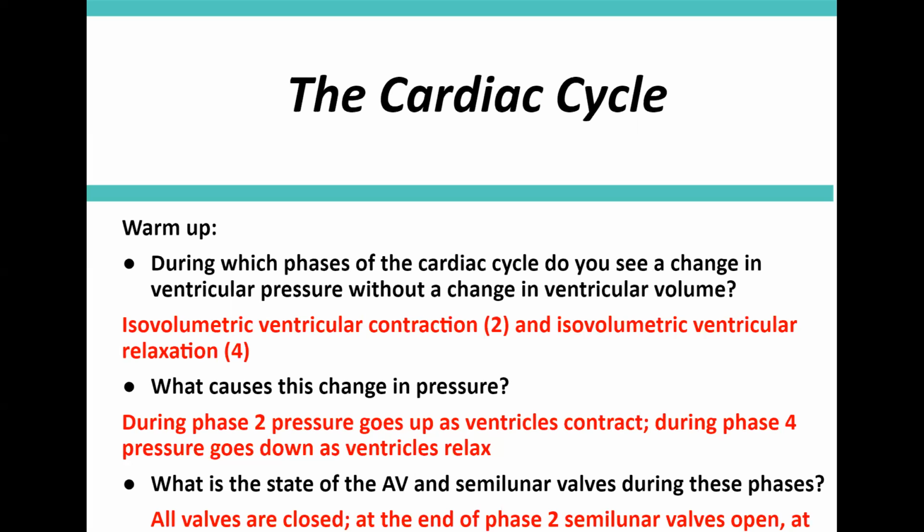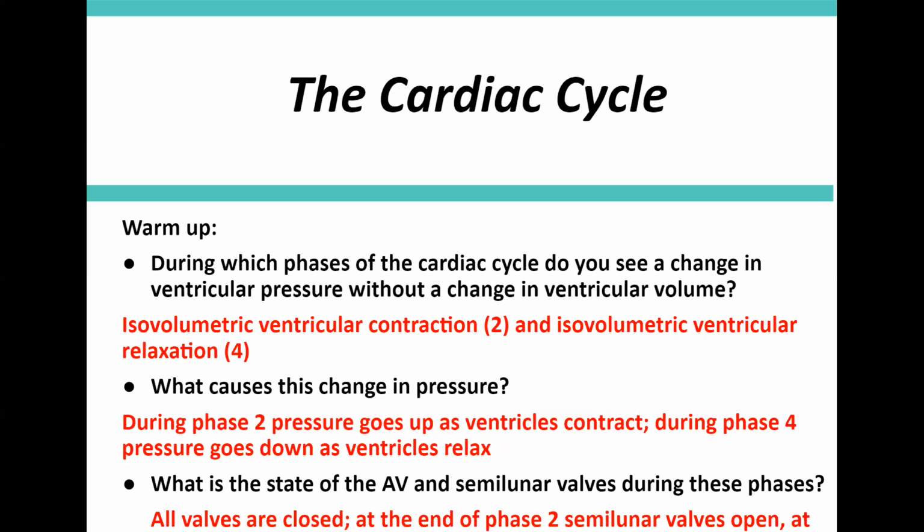But because the walls of the ventricle are either compressing or expanding around that blood, we do see changes in pressure. These changes in pressure will eventually result in a change in the state of the valves. So these phases are both relatively brief, because once the pressure gets high enough during isovolumetric ventricular contraction, that opens the semilunar valves, and that high pressure starts to escape into the arteries leaving the heart.